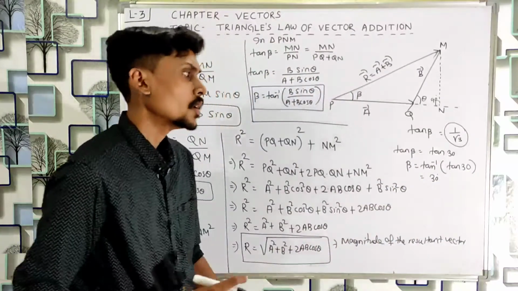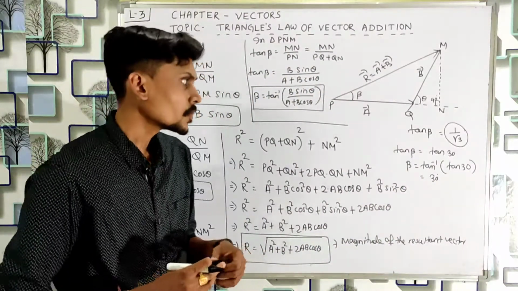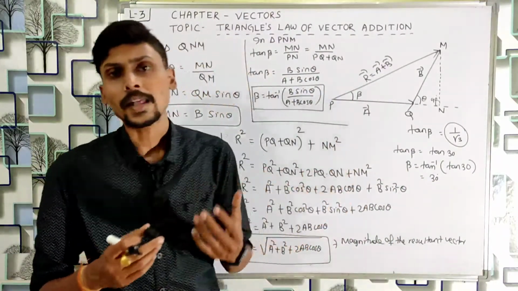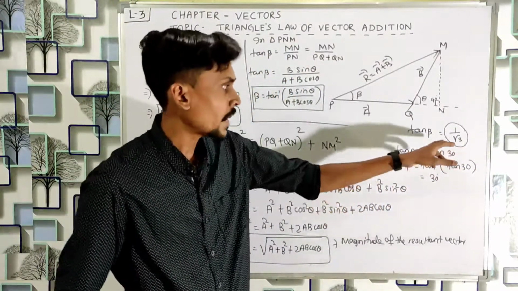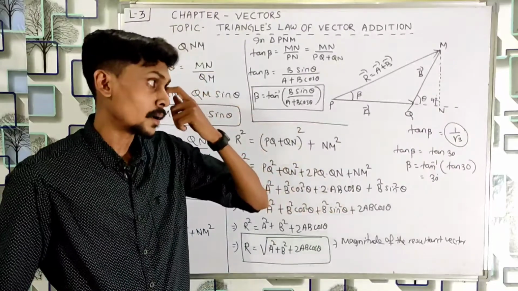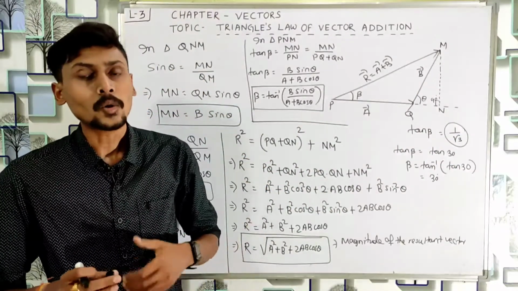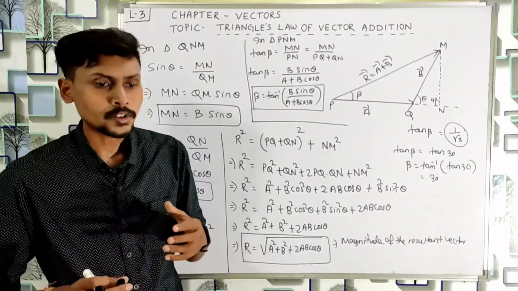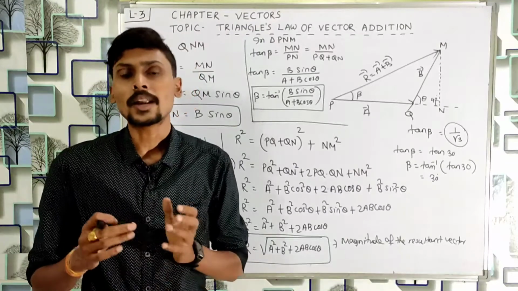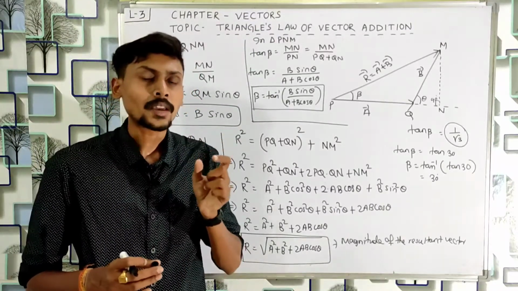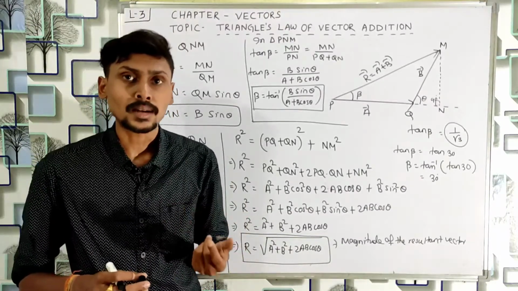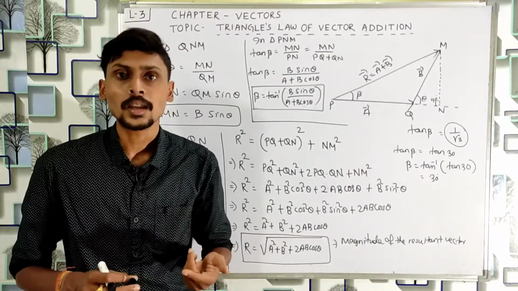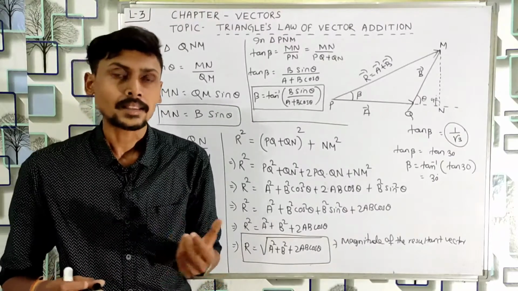Is that clear? But sometimes while calculating the value of tan beta, the value is such that we don't know the angle beta, because we know the value of tan theta only for certain specific angles. For example, you know tan 0, tan 30, tan 45, tan 60, tan 90, like this.